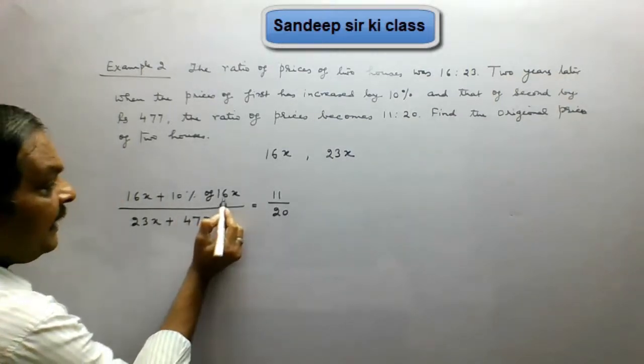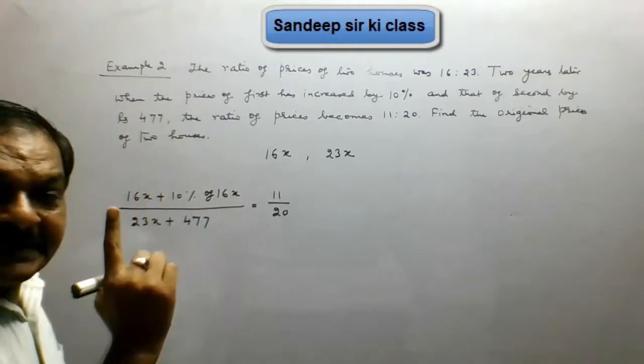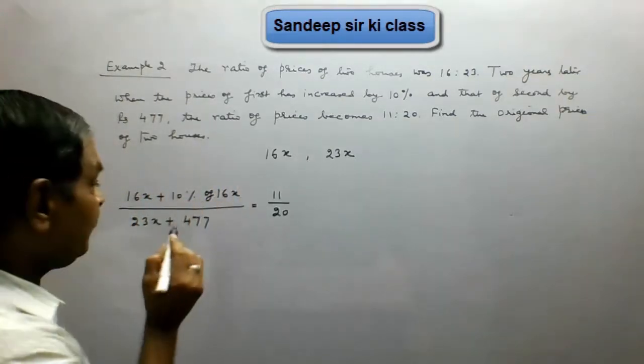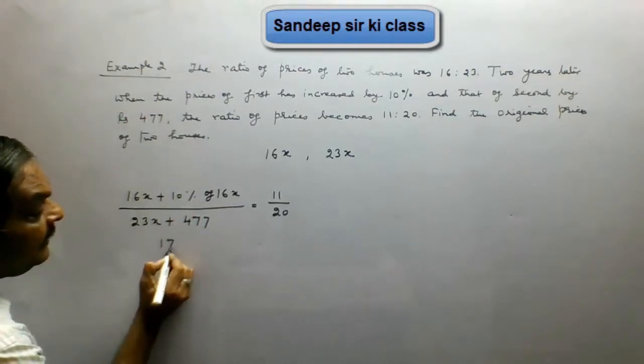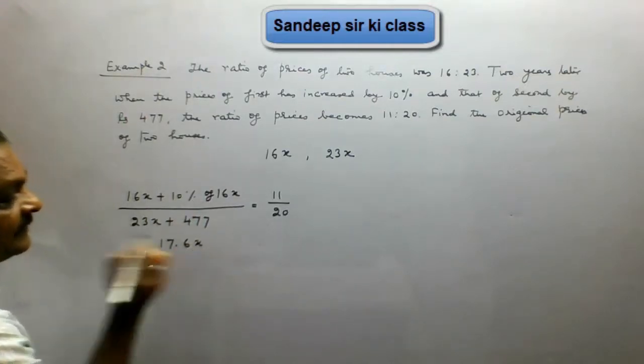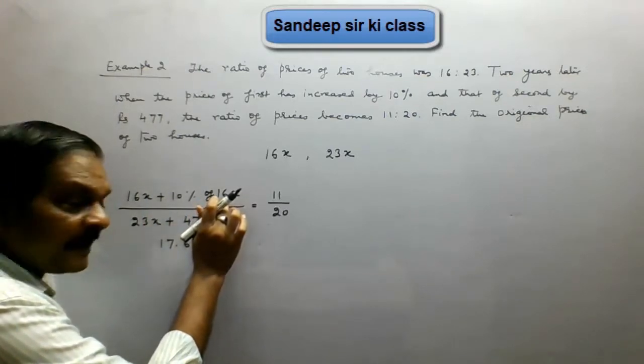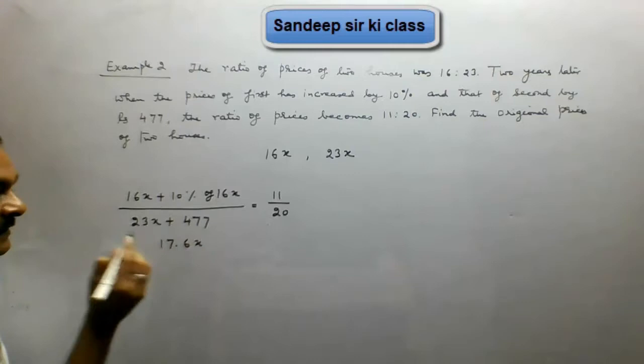Now 10% of 16x is 1.6x. So 16x plus 1.6x is 17.6x.